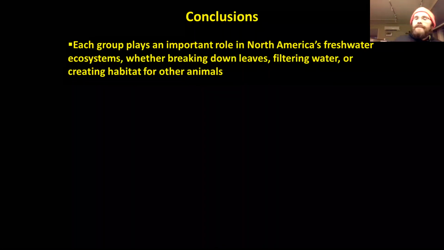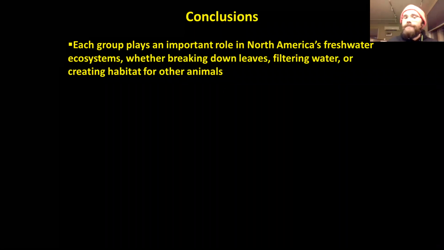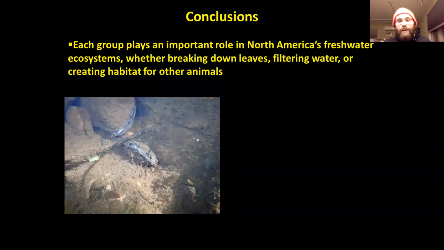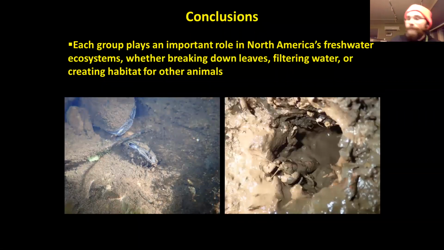And each group plays an important role in North America's freshwater ecosystems, whether it's breaking down leaves, filtering water, or creating habitat for other animals. So it's important that we conserve these animals for future generations so that we can all enjoy healthier, better freshwater ecosystems.